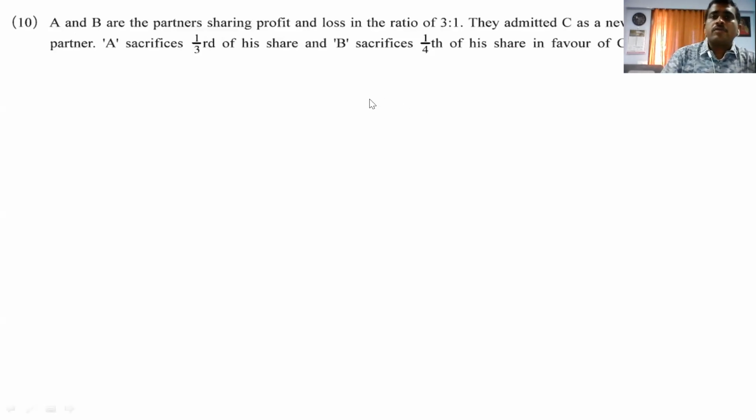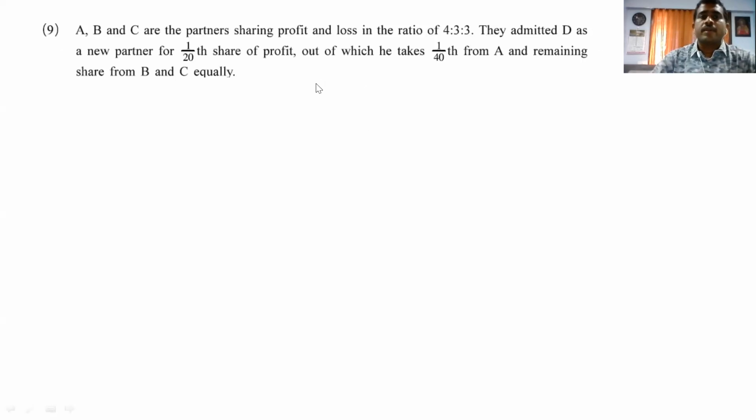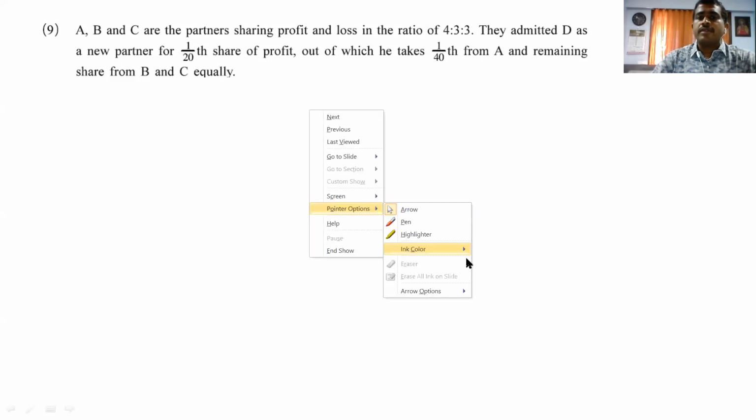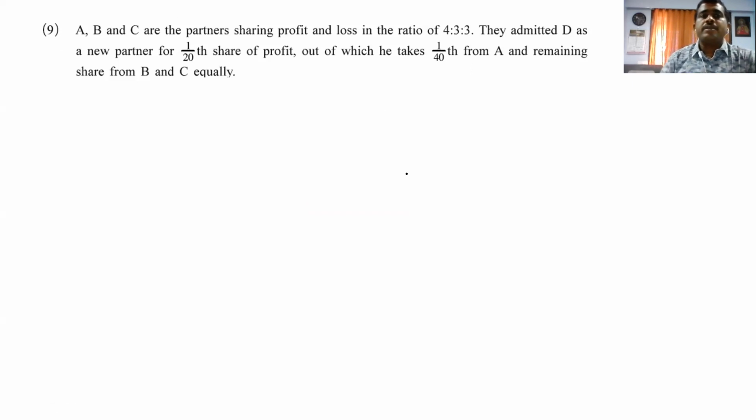So friends, now the question says, ninth one. We can read the question and then come to the topic. A, B, C, three partners are there and their profit and loss ratio is 4 is to 3 is to 3.